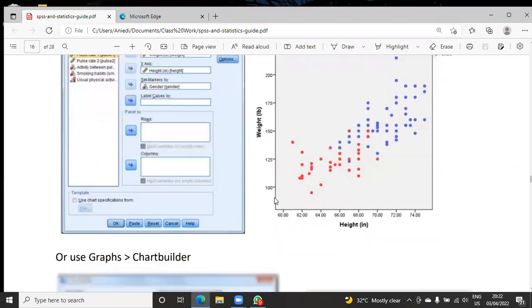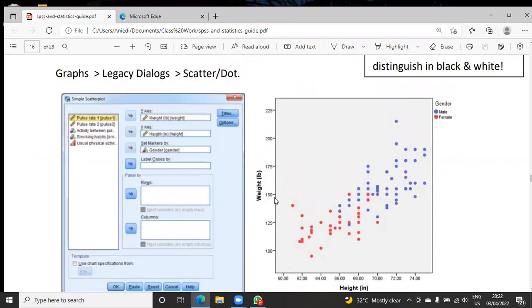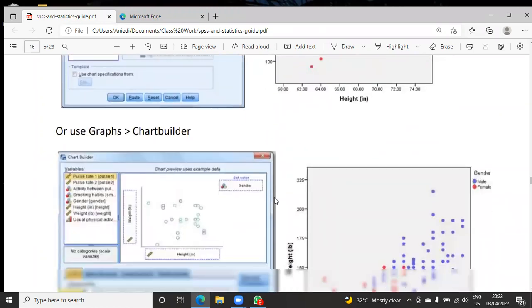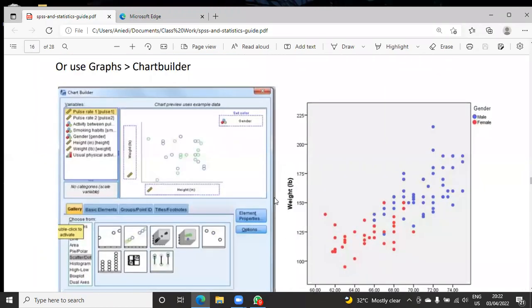So you set them as markers with two different colors. You can have race, somebody is black, somebody is white. You can have two different sports. Those are nominal kinds of data.